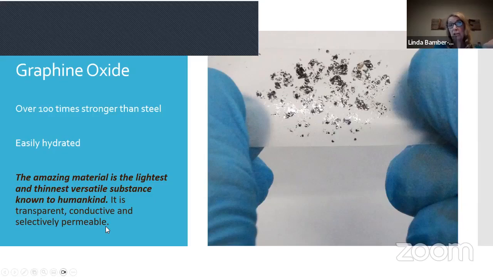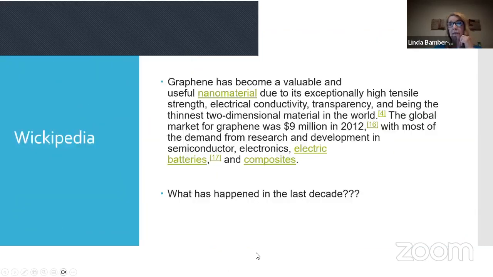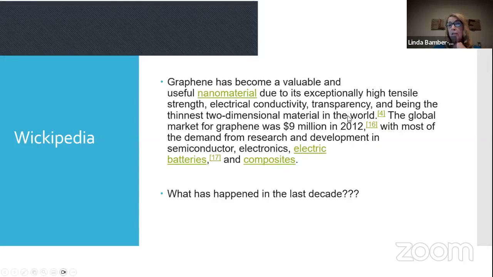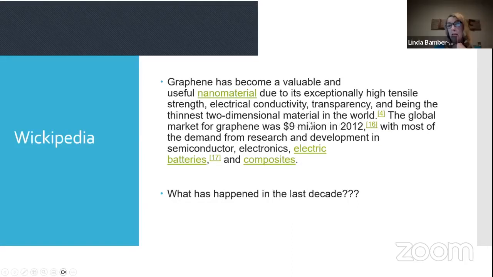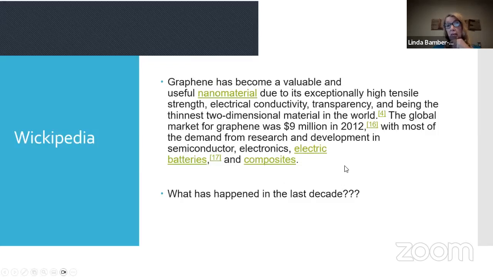So here is this new thing, since 2010, although they discovered it in about 1850, somewhere in there. And now it's being used very vicariously in our society, and they haven't explored it. Like in 2012, there was only $9 million worth of sales. And can you imagine what's happened to graphene oxide and the sales since then?